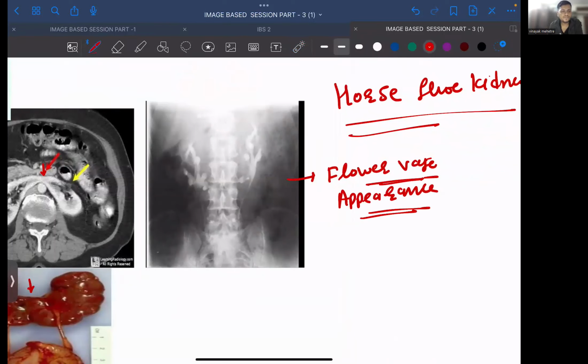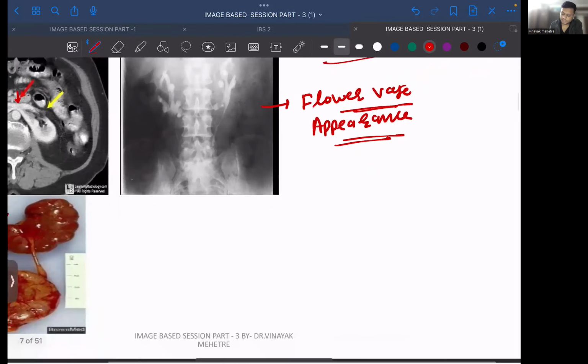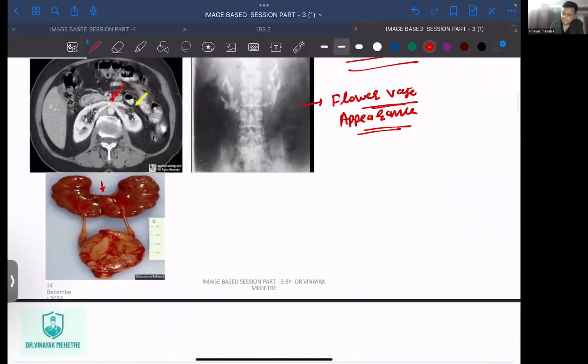Gamla. Vase means gamla, right? Where we put flowers. That will be the appearance on the X-ray. Now tell me, horseshoe kidney is associated with which syndrome? Anyone? It is associated with Edward.